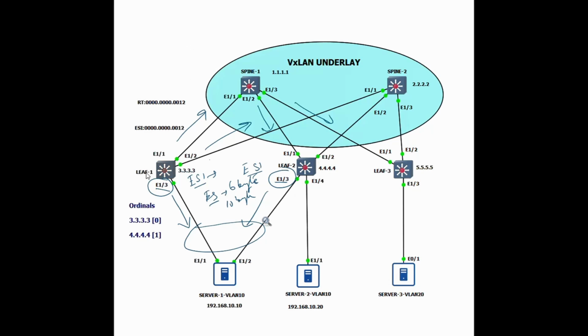So that is the first function of Ethernet segment route, to discover other peers which have the same Ethernet segment configured.